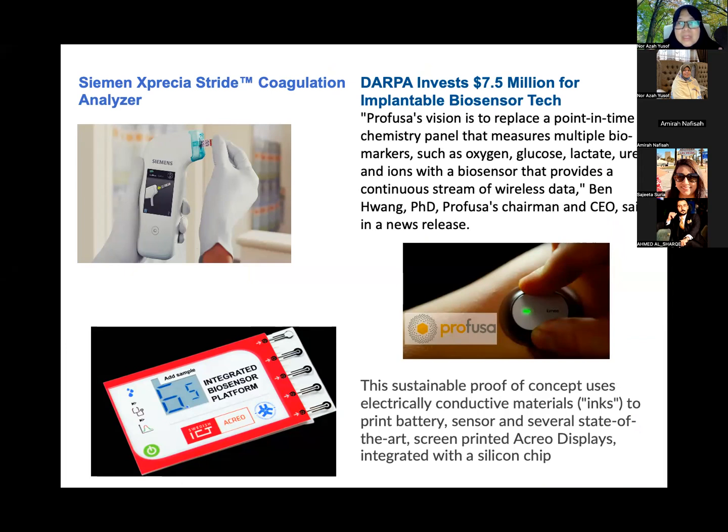They have to monitor their blood clot issue, and imagine that you have to go to the hospital every time to take blood. So Siemens has developed this sensor to check on the blood clot issue. I don't know how it works because I don't have access to these machines, but it is there in the market.